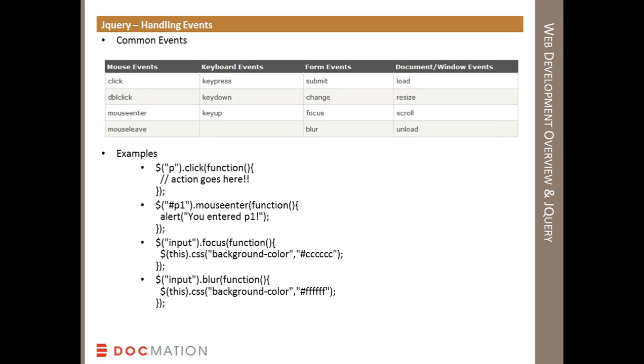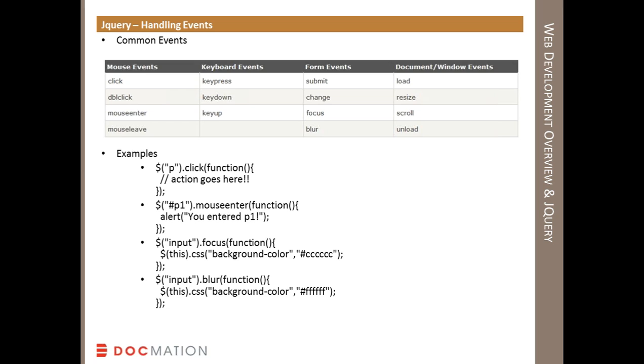Focus and blur events: when you click on a particular element, it gets the focus event triggered, and the moment that particular element loses control, the blur event is triggered. Page level events, we saw a brief example of the document load. As soon as the document is loaded, if you want to initialize some data, it is especially important in the context of Ajax.